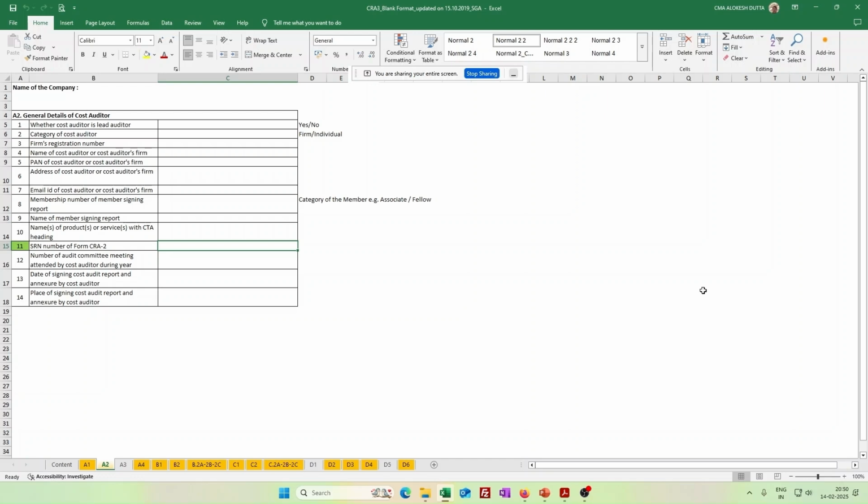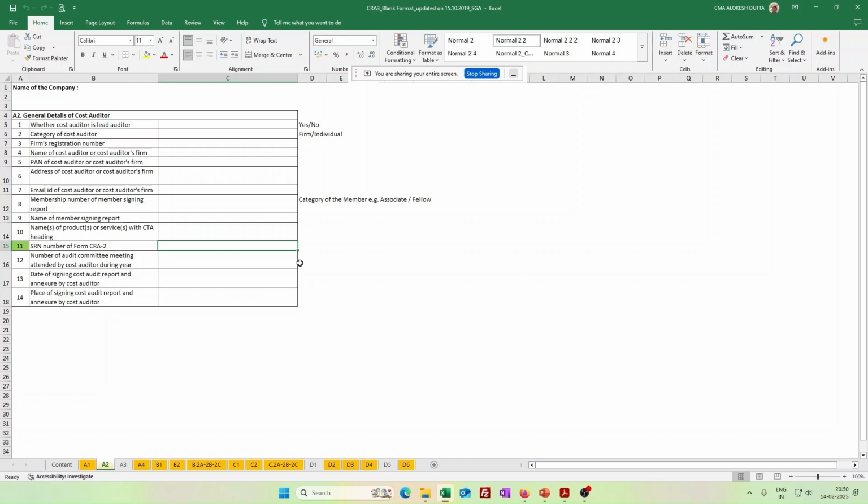of CRA 2. As we already discussed yesterday, when a company auditor is appointed, the central government has to be informed through CRA 2. If you file the CRA 2, an SRN is generated; that is the receipt that you have submitted the CRA 2 properly.